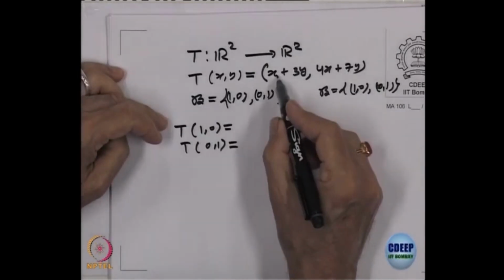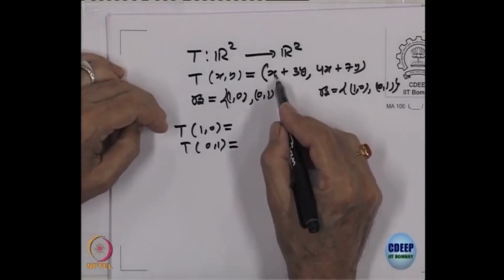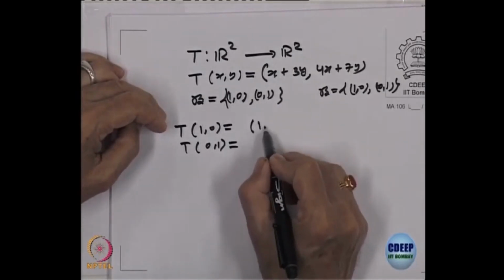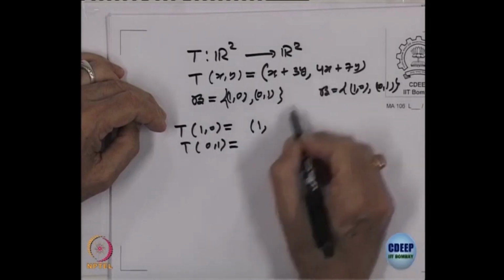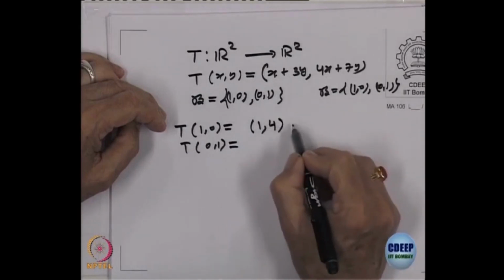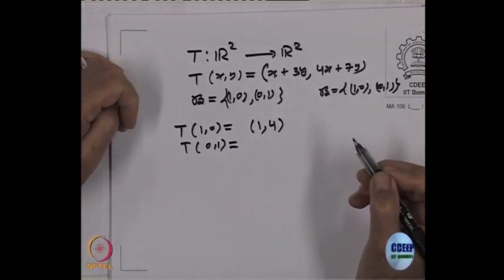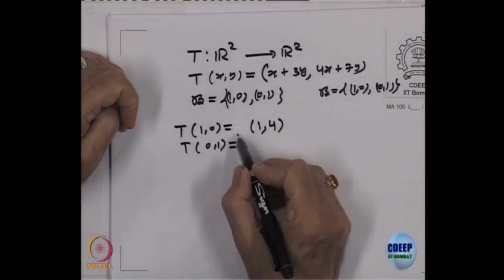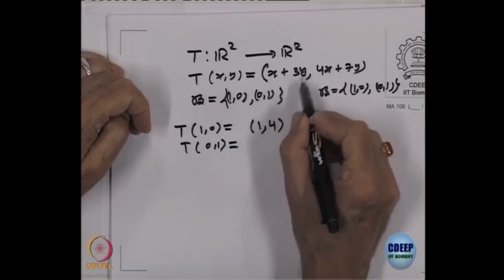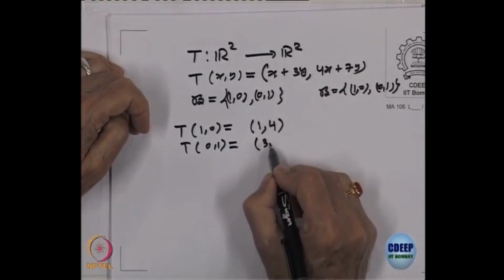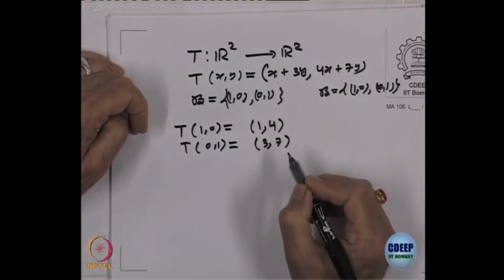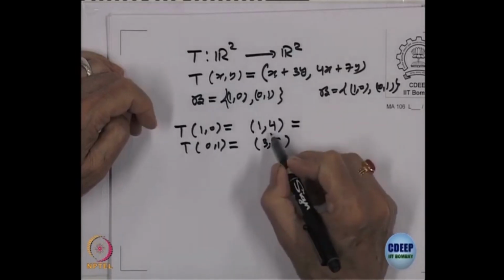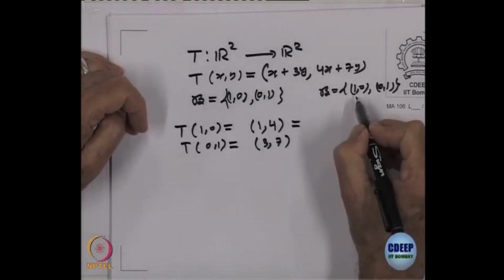So what is T of (1, 0)? First element is 1 and second element is 4. Is that okay? What is T of (0, 1)? x is 0, y is 1, so this is (3, 7). I should write this as a linear combination of the basis elements.